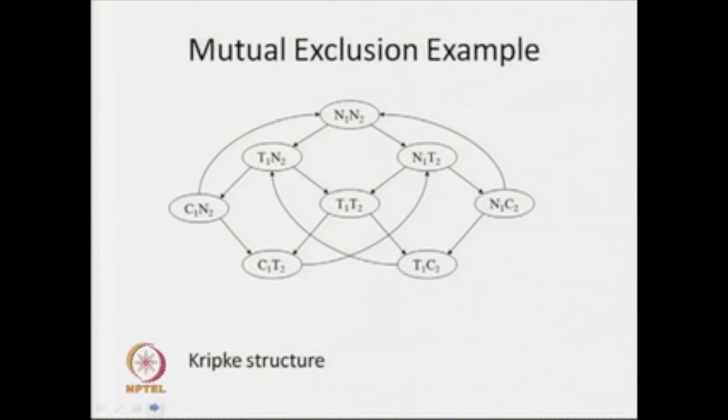Now, when we discuss temporal logic, or say CTL, computational tree logic, we have mentioned that the meaning of CTL is defined over a model. And what is a model? If you recall, it is nothing but some sort of finite state system. We have a finite number of states and we have the transitions.